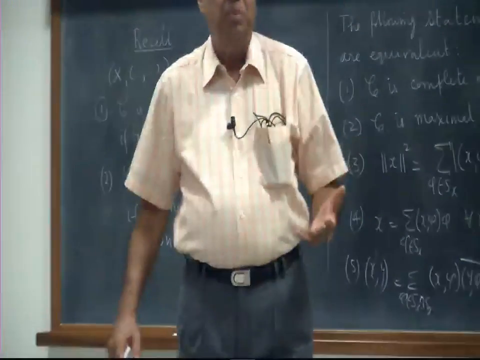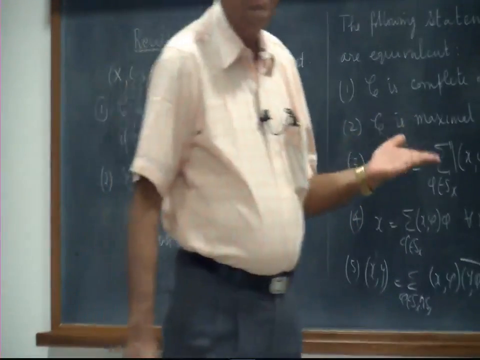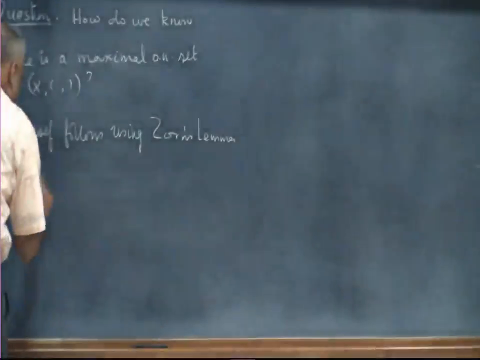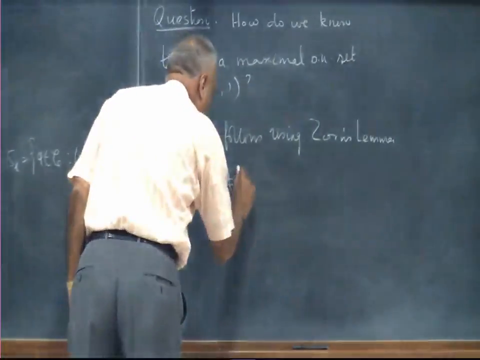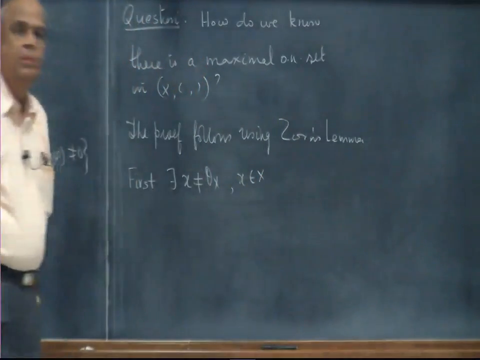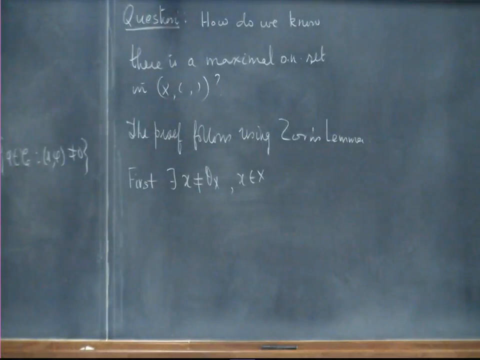If the space has only the 0 vector, there is nothing in that space to study. So, first there exists an x not equal to theta, x belonging to X. In that case, you can take a unit vector in that direction; that single vector forms an orthonormal set.